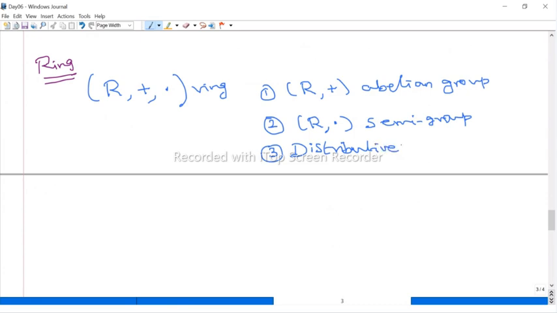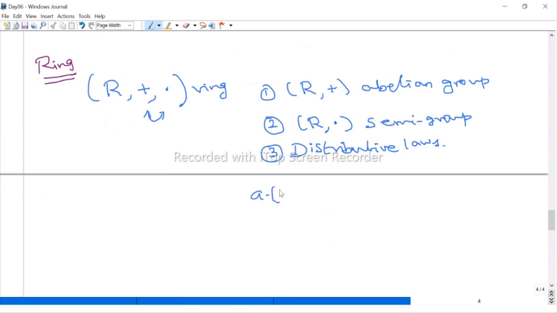The distributive law gives a relation between multiplication and addition: A times (B plus C) equals A times B plus A times C. Otherwise, (A plus B) times C is nothing but A times C plus B times C. So this is the relation between addition and multiplication.